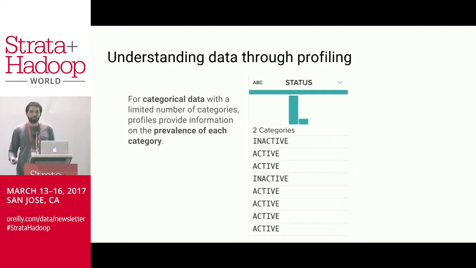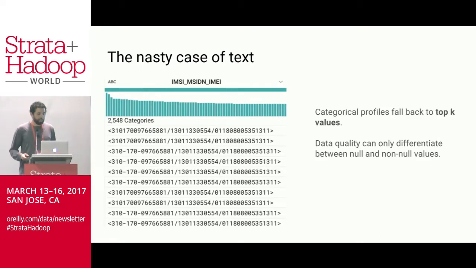For string or textual data, especially in the case of categorical data where you have a small number of categories or low cardinality, you can again compactly represent this distribution by showing maybe just the prevalence or the frequency of unique values inside your data set. Where these types of histograms traditionally start breaking down is when you get into text-heavy data or data that has a lot of unique values.